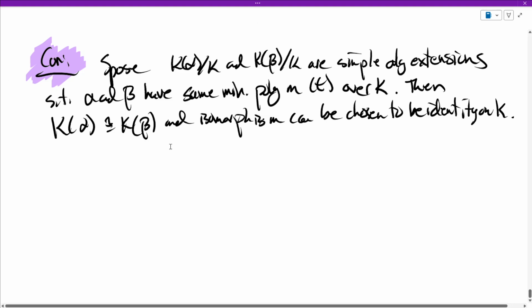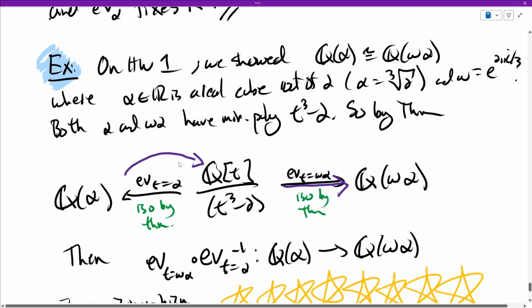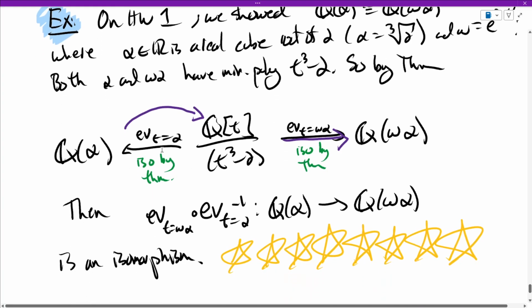All right, cool. So we saw this already, right? In a previous example, we had two different cube roots of 2, one real, one complex. We saw that by adjoining either of them, we get isomorphic extensions, and this was just evaluation, so it didn't change any of the coefficients.